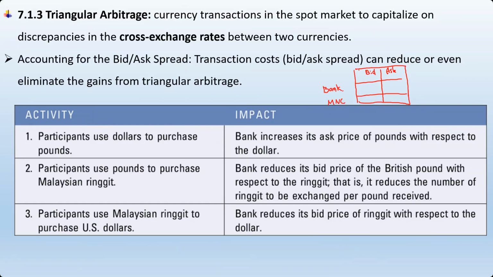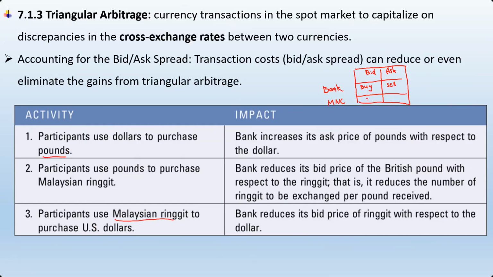When we talk about buy and sell for direct quotation, it will be the quotation for the non-US dollar currency. So bid is the bank buying pounds or Malaysia ringgit if it's a direct quotation, and ask is the bank's sell price, selling British pounds.